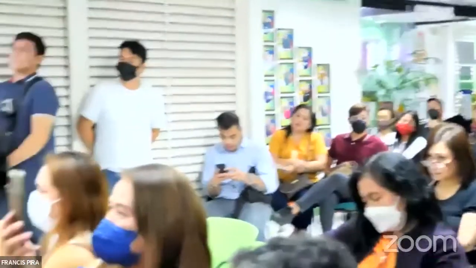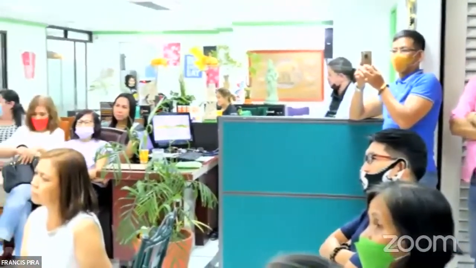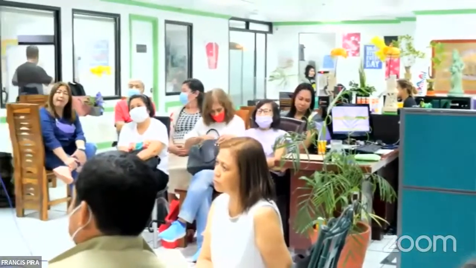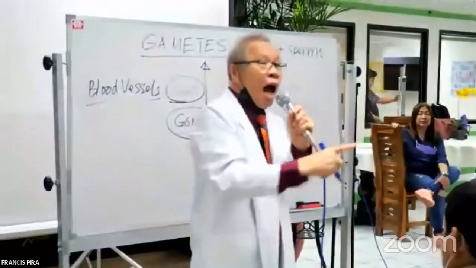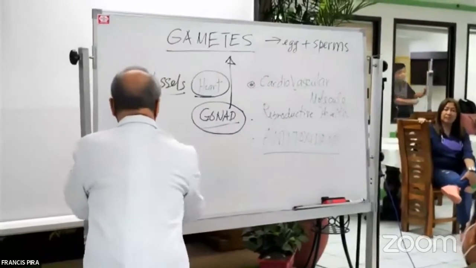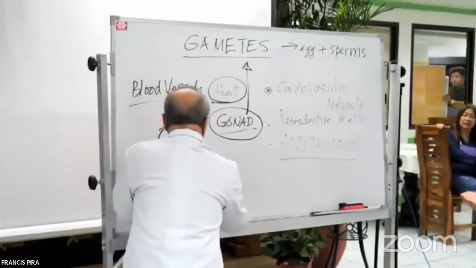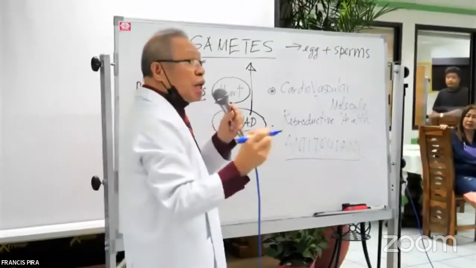If your blood vessels are healthy, you are therefore healthy. Why? What is the rationale behind it? If your blood vessel is healthy, then the flow of blood is very smooth. And remember that the blood delivers what? Oxygen and nutrients. What are the nutrients that are to be distributed by the blood?